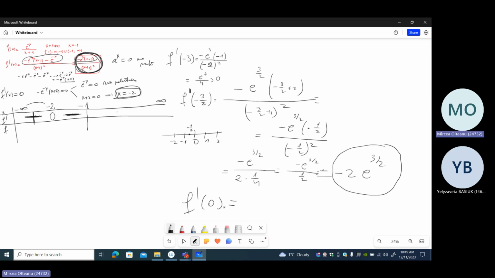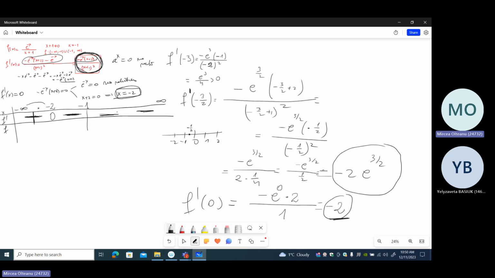Please compute f prime of 0 and see what you get. We get minus 2, yes? So here the derivative is negative.